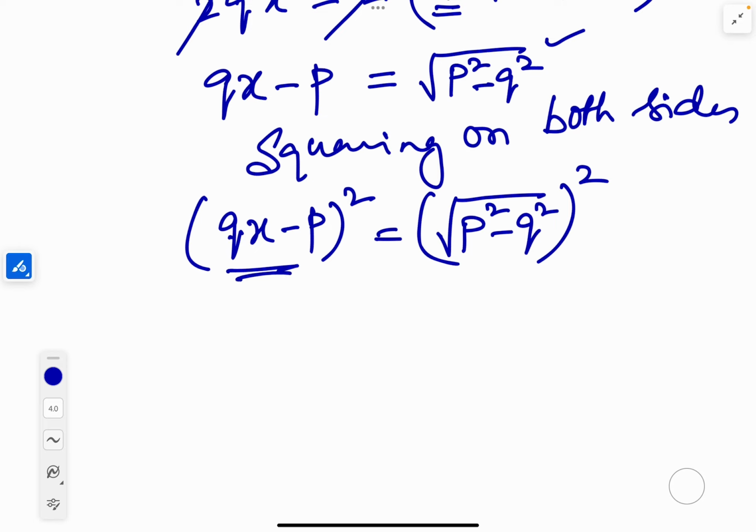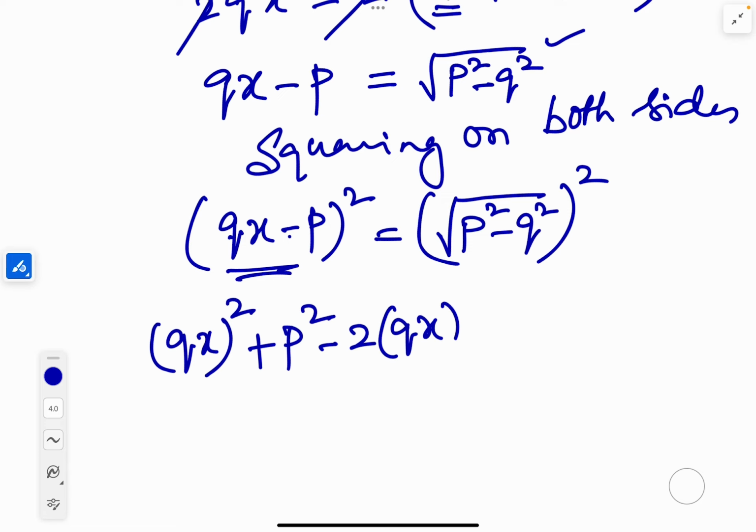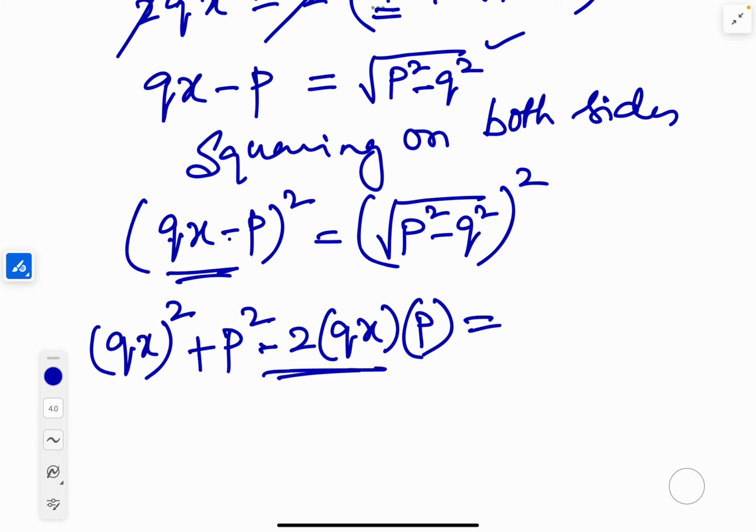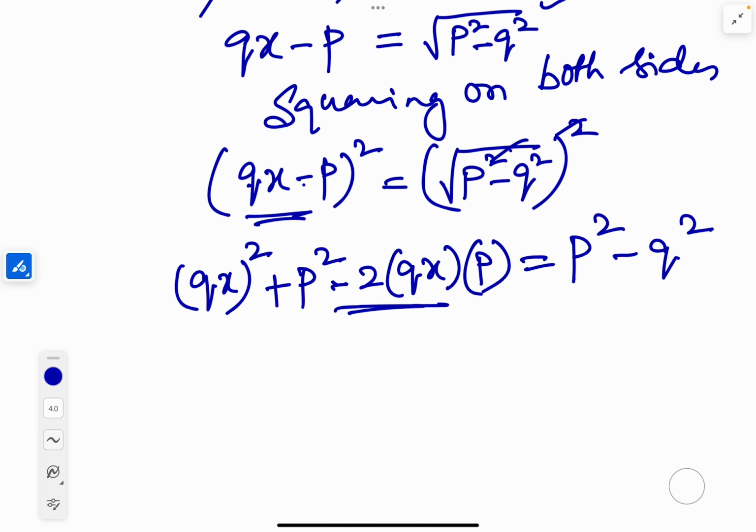Now this is in the form of a minus b whole square. So (qx) whole square plus p square minus 2 into qx into p, okay. Because the 2ab term will be negative, that's why put minus sign. Now here square and square root are inverse operations, so we are left with p square minus q square, fine.